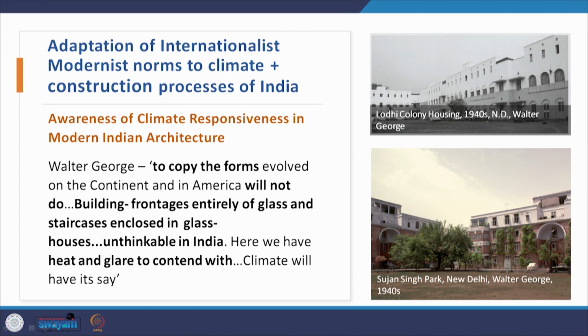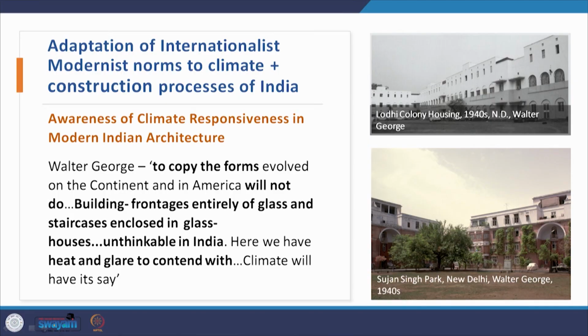There was a very clear awareness of climate responsiveness in modern Indian architecture at the time. You find that in the Lodi Colony housing by Walter George in the 1940s in Delhi. You find that in the upmarket Sujan Singh Park housing in New Delhi, again by Walter George in the 1940s.